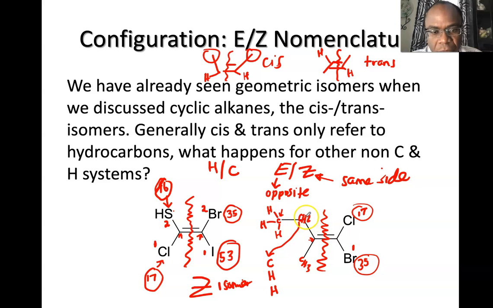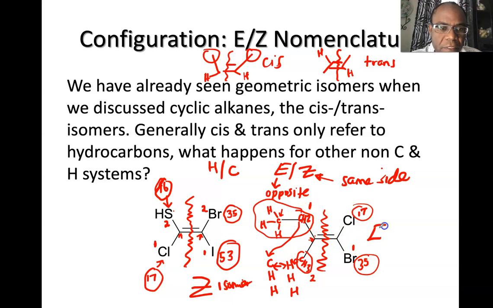I'm looking at what's bonded to it moving forward. I don't go back to the chiral carbon. And then this one moving forward, I'll have 3 hydrogens. So obviously, there's a tiebreaker here. This carbon wins over the hydrogen. So the ethyl group gets priority 1 over the methyl group, which will get priority 2. So this time, the priority 1s are opposite, so this is called the E isomer.